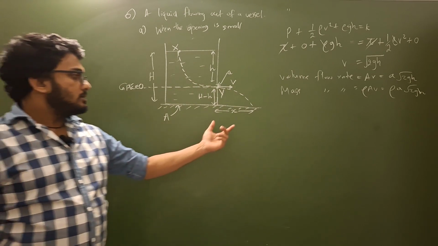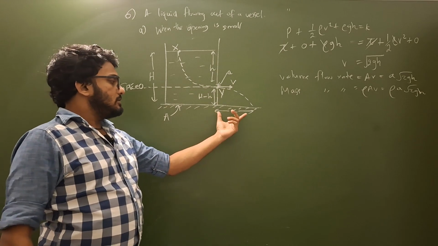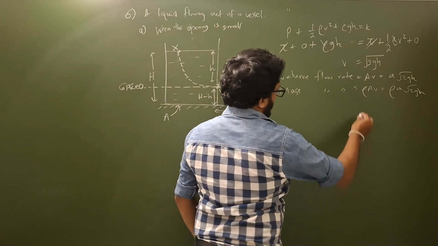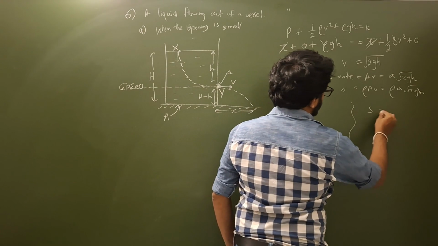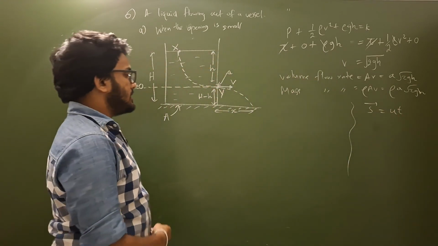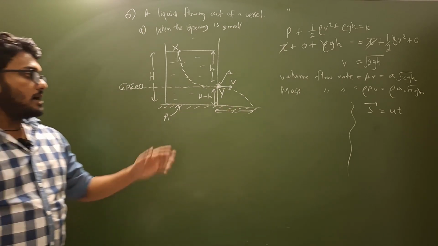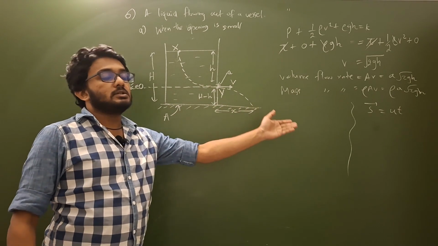After that, let's try to get an equation for this x. To get the equation for x, we have to apply s equals ut in the horizontal direction. There are no other equations that can be applied in the horizontal direction, because there is no acceleration in the horizontal direction.